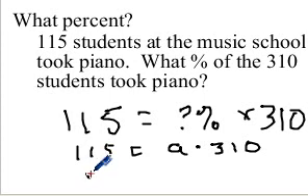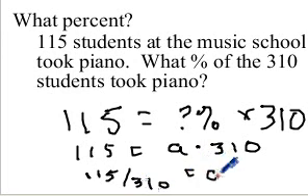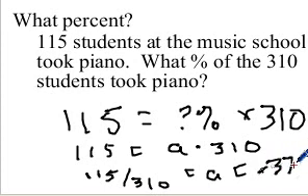So we can just divide 115 by 310, and that will give us a. That will give us a decimal, and then we have to convert it to a percent. Just doing the division, you end up with an answer like 0.370, and then you convert it to a percent.